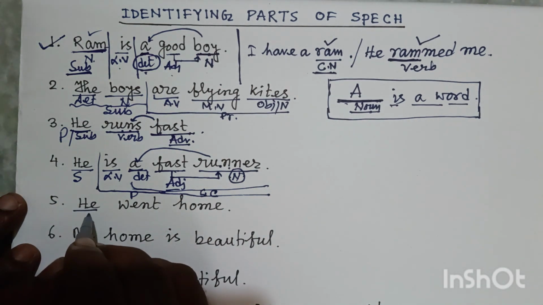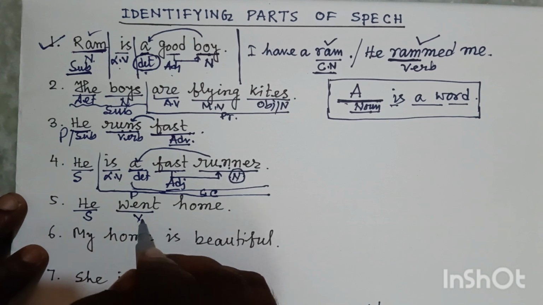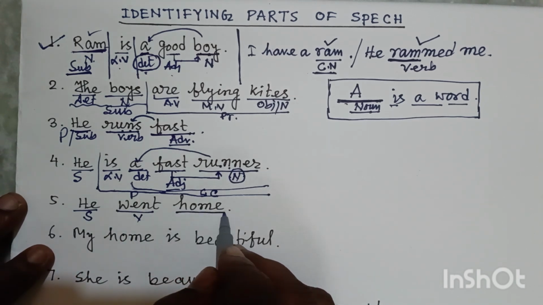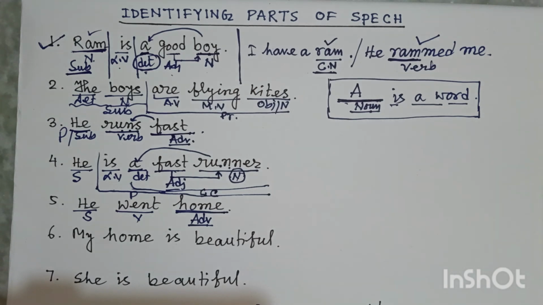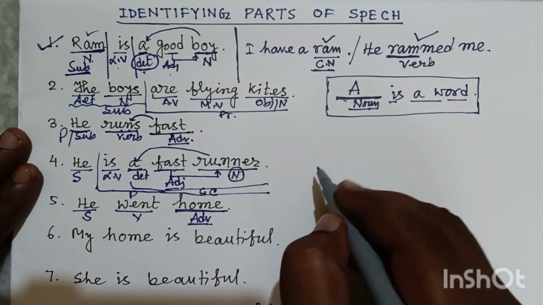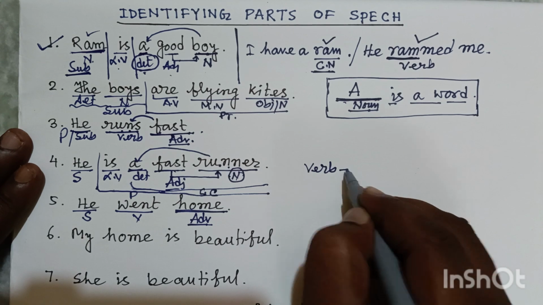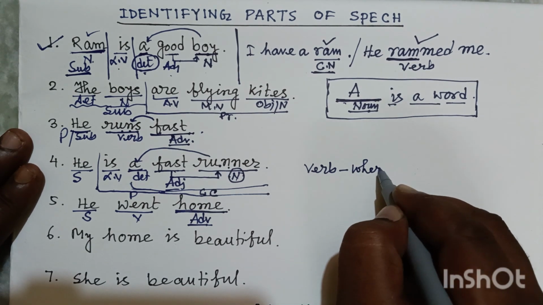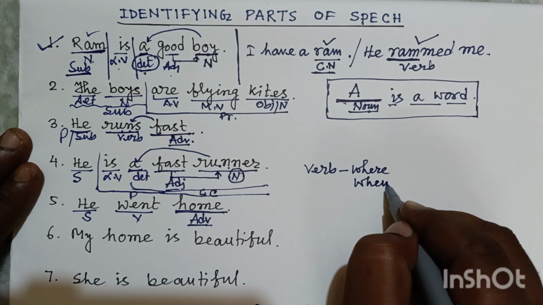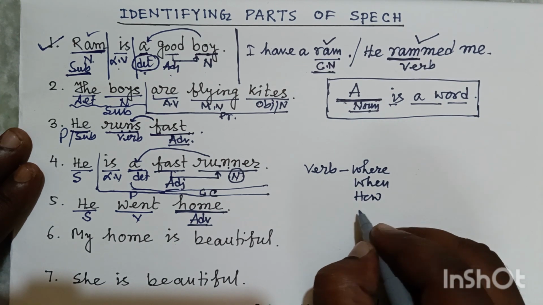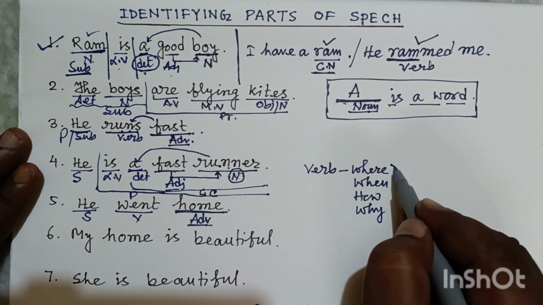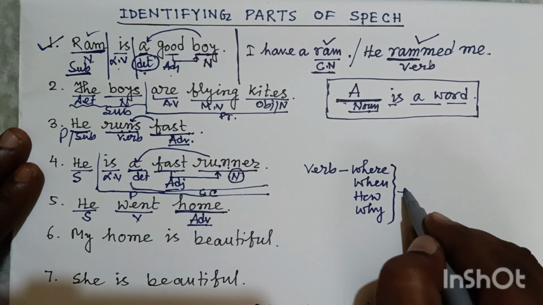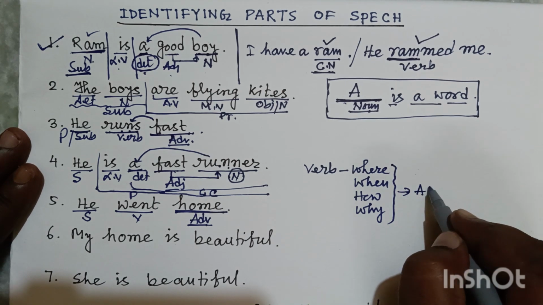Now friends, look at this. He is the subject. It is a pronoun. Went is the verb. And this term home, it is an adverb here. It is not a noun. Friends, if you ask the verb by where, when, how, why, normally these four words are very important, and the answer whatever you will get in the sentence will be the adverb.